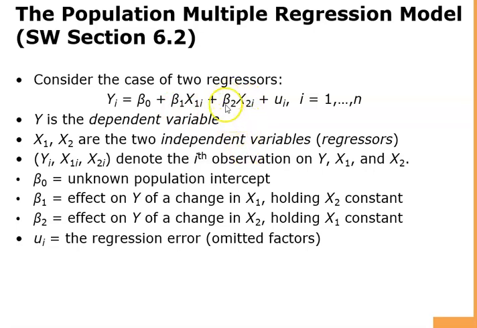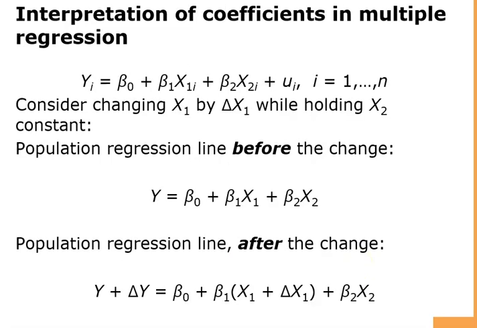Whenever we are looking at beta 2, it would mean that we are holding x1 constant. So essentially we are getting to that condition in economics called ceteris paribus, meaning everything else held constant. So this is the interpretation of coefficients in multiple regression.